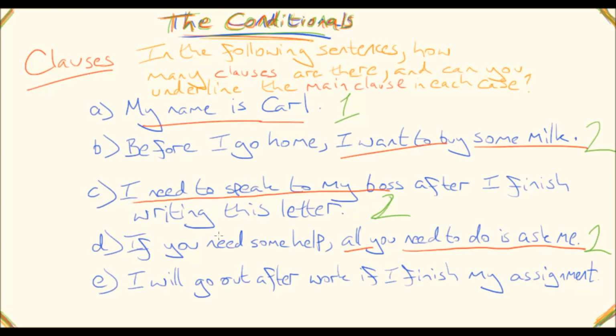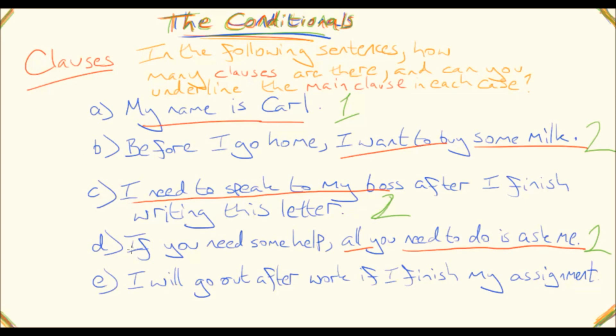It's a slightly strange main clause, but we've got the subject, all you need to do, then the verb is, and ask me as the object. So what's this bit over here? If you need some help. That's what we call the conditional clause. So we've got the main clause on one side and the conditional clause on the other side.